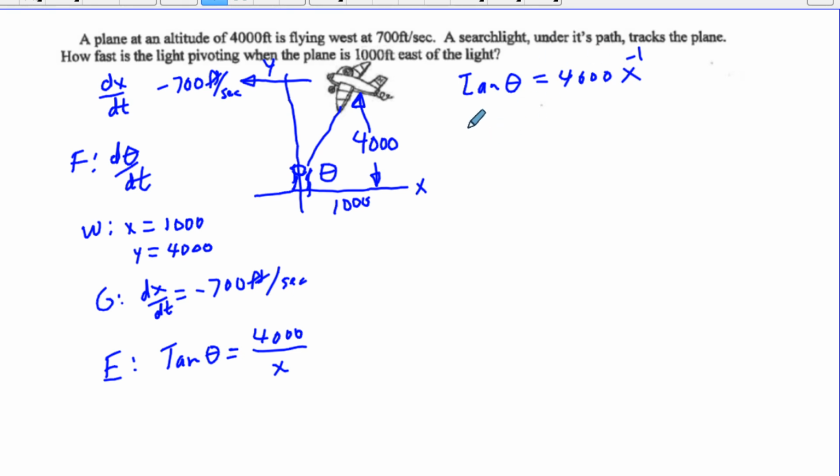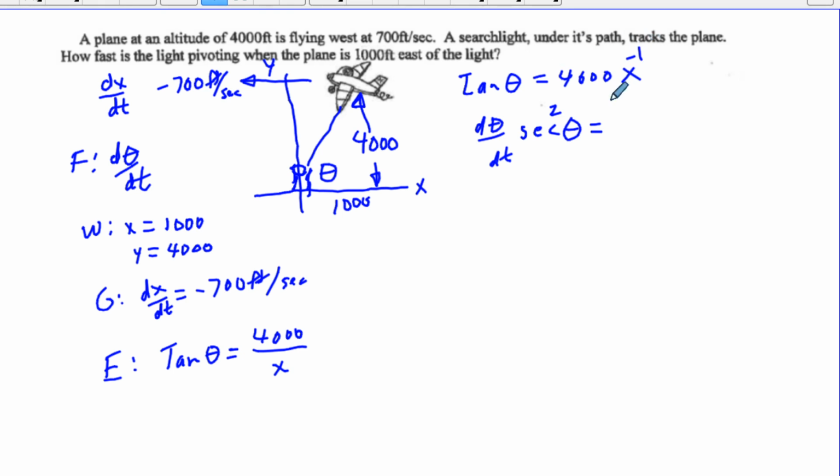And just like in the last problem, we have d theta dt times secant squared theta is equal to, what do we do to take the derivative of this thing here?